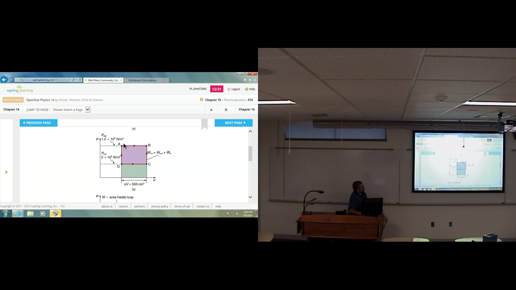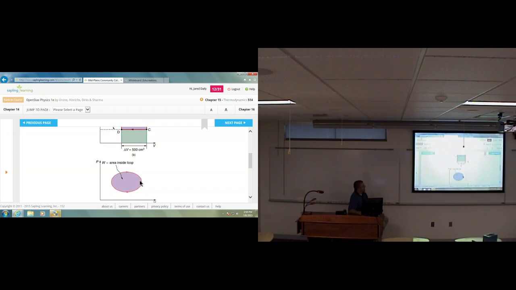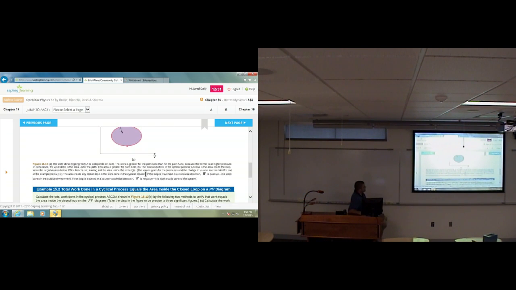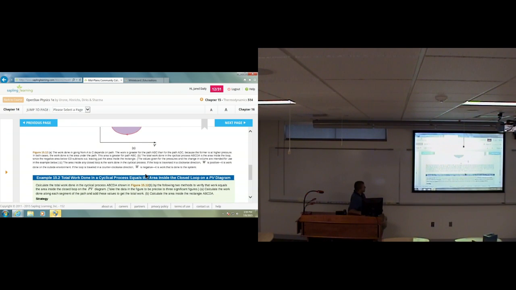And so the bigger one is the work being done by the cylinder, the smaller one is the work you do on the cylinder. That's to make it small again. And then the area inside of the loop, or the area inside of the cycle here, is the work being done by the engine on its surroundings, making the thing roll or whatever.